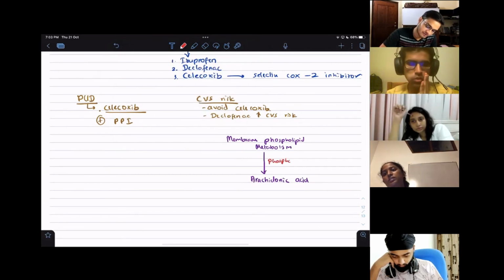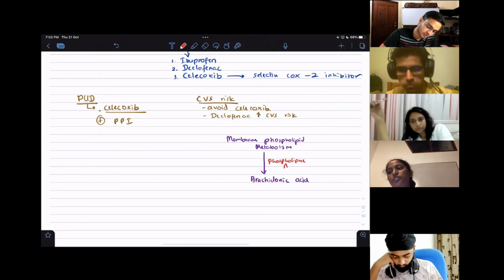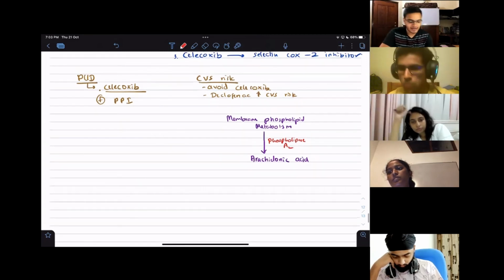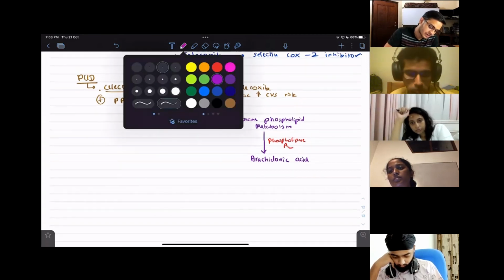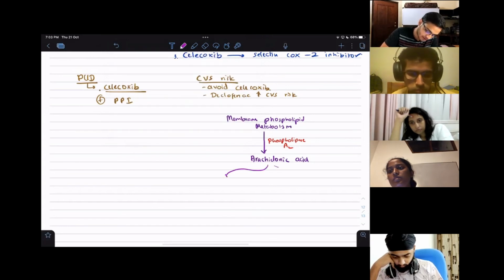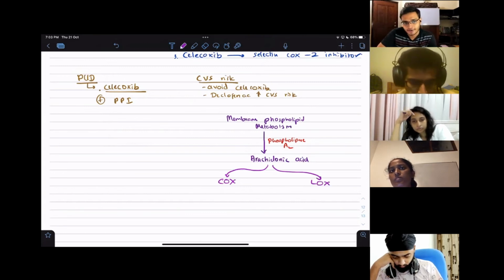Phospholipase. Yes, phospholipase A2. This arachidonic acid, guys, can go into two pathways: the cyclooxygenase COX pathway or the LOX, lipoxygenase pathway. COX or LOX. Look at this.